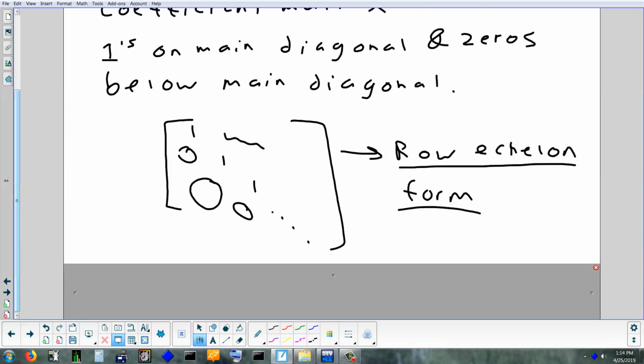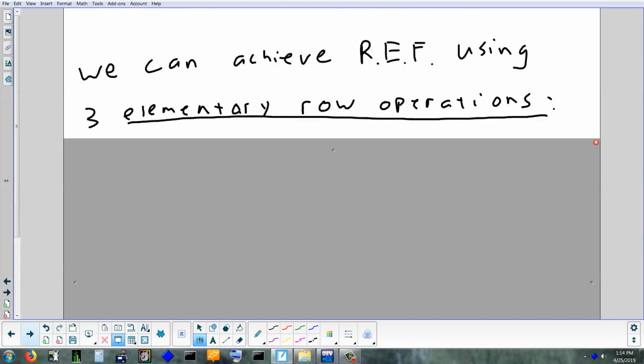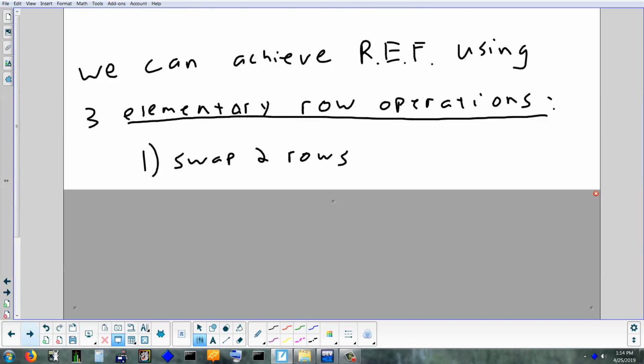Now, to get a matrix in row echelon form, you are only allowed to do three things to it. There's three operations that you can do on a matrix. And only these. These are it. One thing you are allowed to do is you can swap any two rows you want to swap. So you can swap two rows.